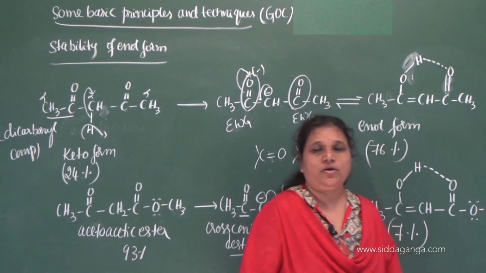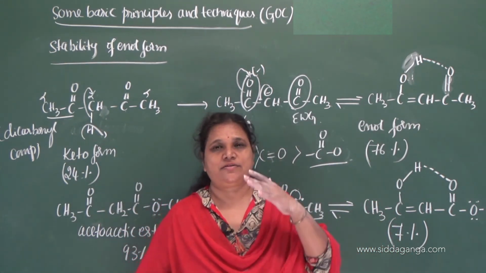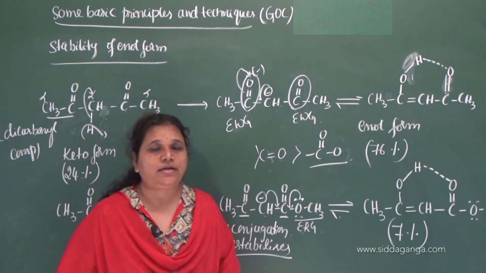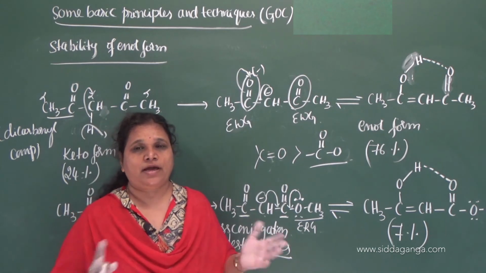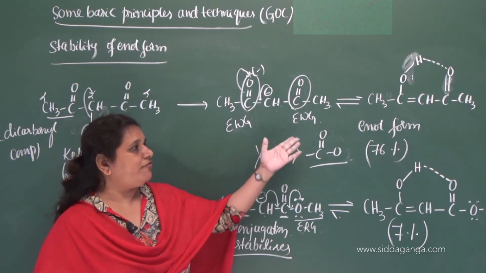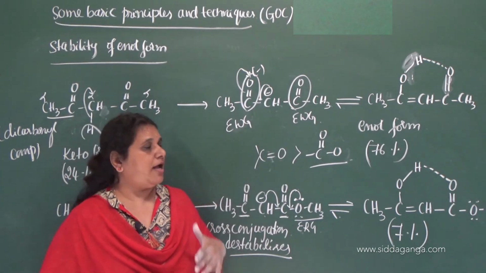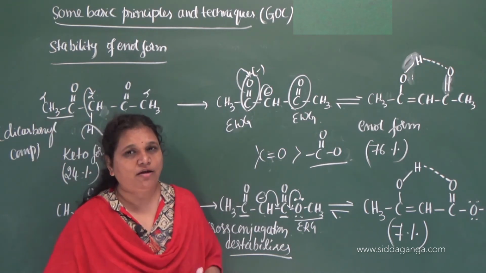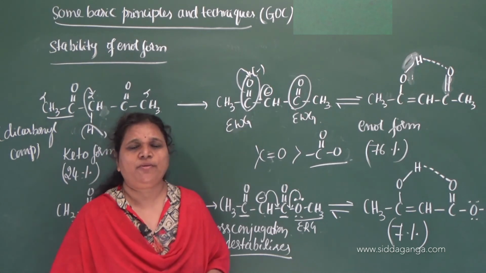So, two reasons I have given. Due to intramolecular hydrogen bonding, the percentage of enol form increases because of the increase in the stability of the anion formed as an intermediate there. Therefore the enol form stabilizes and the percentage increases. Due to release of energy from the enol form, the percentage of enol form increases.